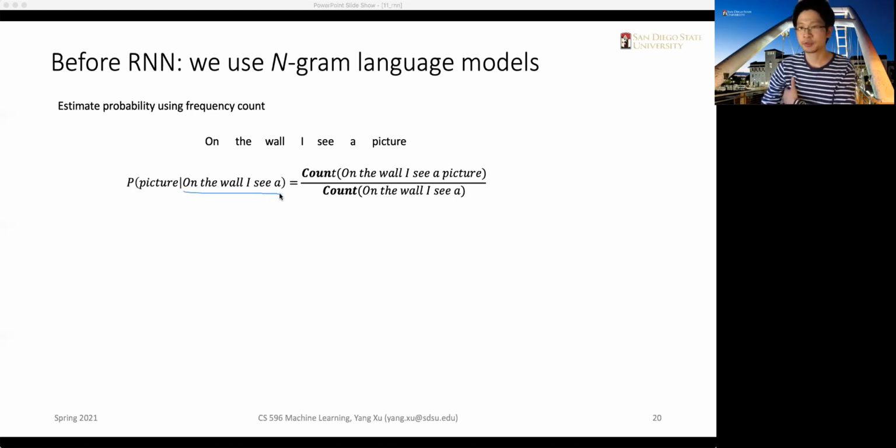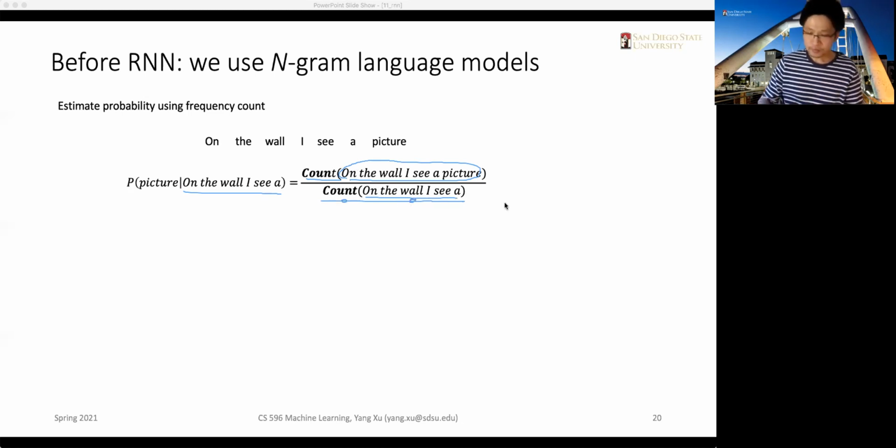That is all the previous context. In theory, the frequency count-based method needs to count how many times this whole phrase on the wall I see a picture has appeared in the data, and divide this number by the count of the shorter phrase on the wall I see, right? So that is the context.